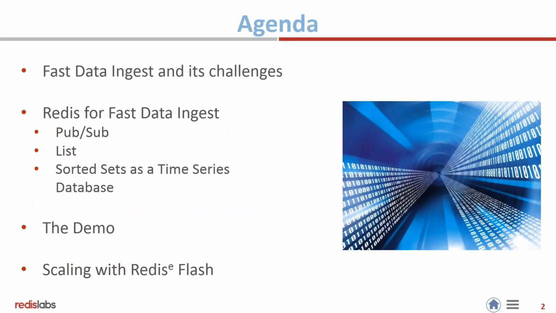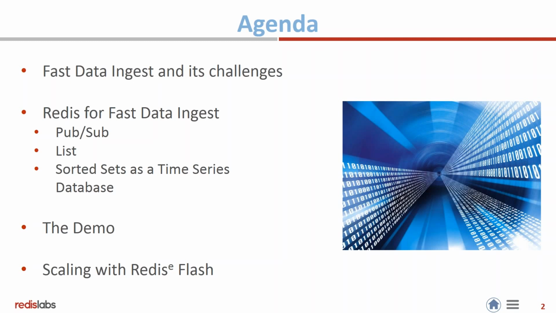Today, I'm covering a very interesting topic, fast data ingest. And the agenda for today is I'll give a very brief overview of what fast data ingest is, just to set a context. And then I'll talk about Redis for fast data ingest and some of the data structures that you have in Redis, some of the features such as pub/sub, and also sorted sets and so on.